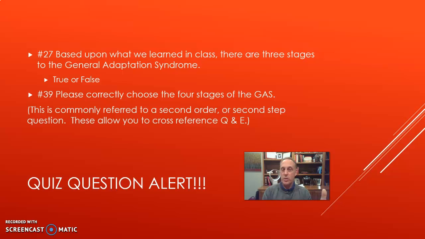But then you move on to question number 39, and please correctly choose the 4 stages of the general adaptation syndrome. When you have a second order question like this, where you have a prep question and then a second question that relates back to the first, that second step question allows you to cross-reference. So you can go back and cross-reference number 27 based upon what you see in number 39.